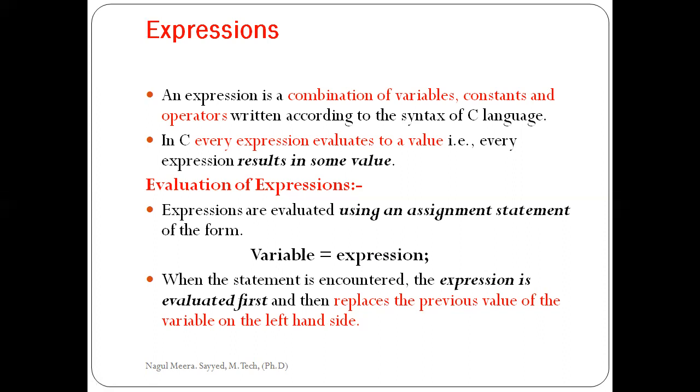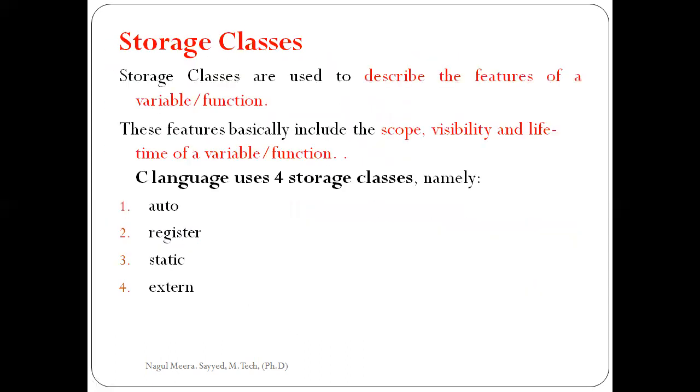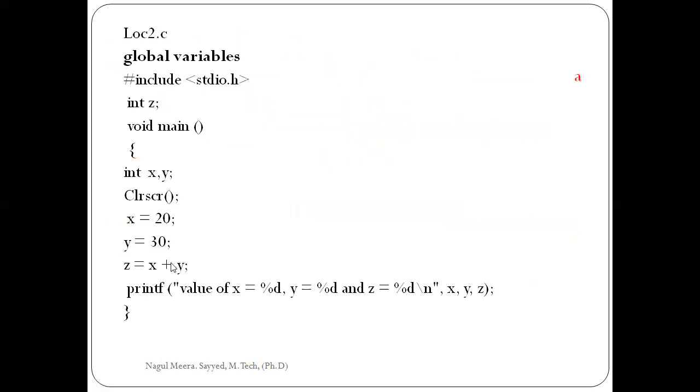That is the meaning. So first, how these expressions are evaluated. First, this expression operation is performed, and then this result is assigned to the left hand side variable. For example, if you take x equal to x plus y, what does it say here?